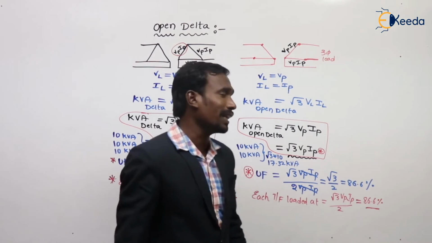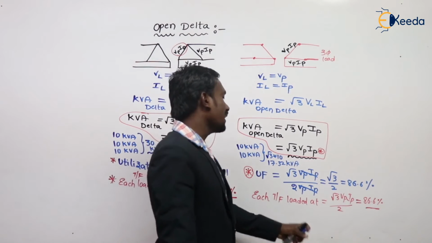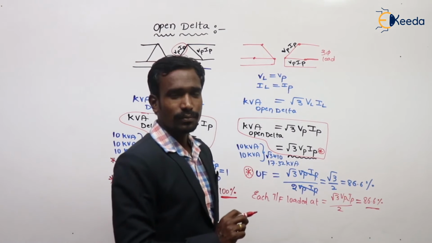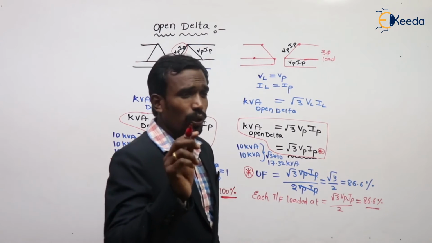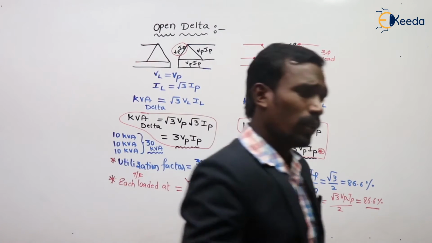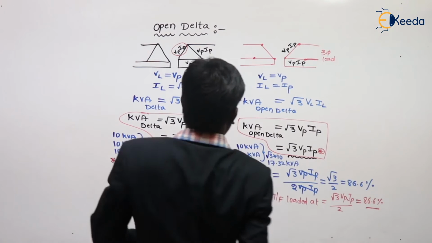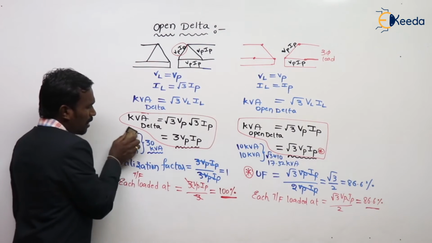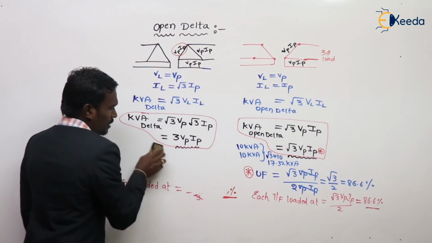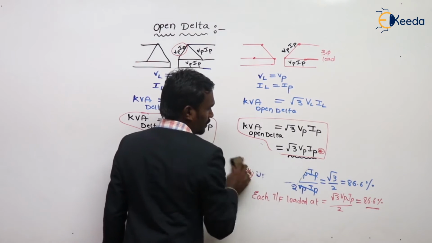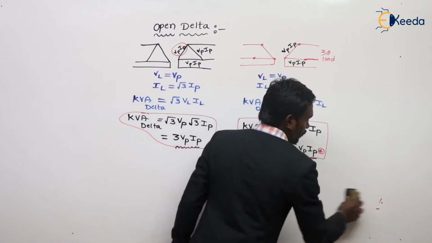In open delta, the utilization factor is only 86.6% and each transformer is loaded at 86.6%. Are you okay? Some small concept is there. We saw the utilization factor. Next one.